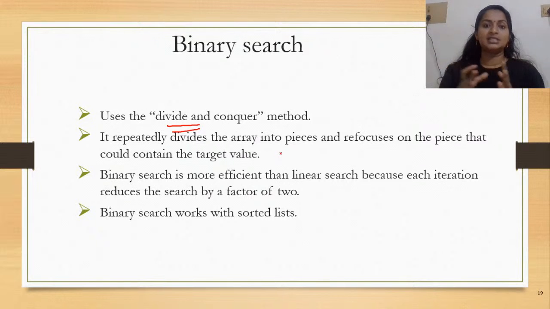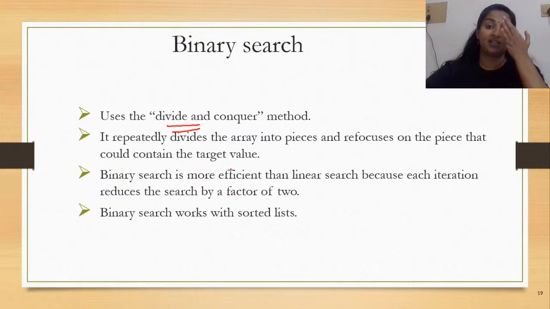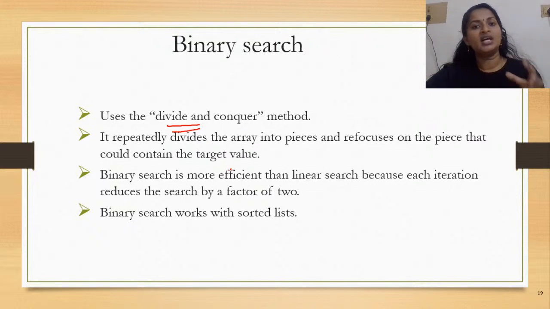Now what it does is it will divide your entire array or list into smaller segments or pieces and refocuses on the piece that would contain the target value. Okay, so the conditions are written in such a way so that after the division into pieces, we refocus to find whether the target value is present in the smaller segments or not.